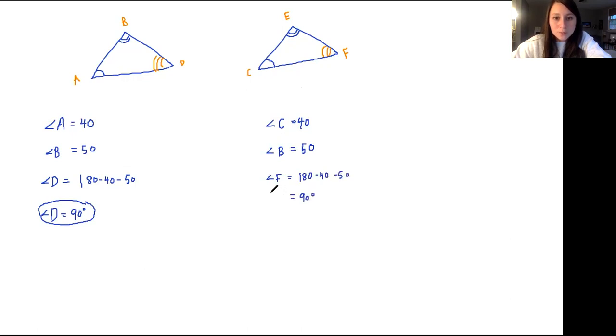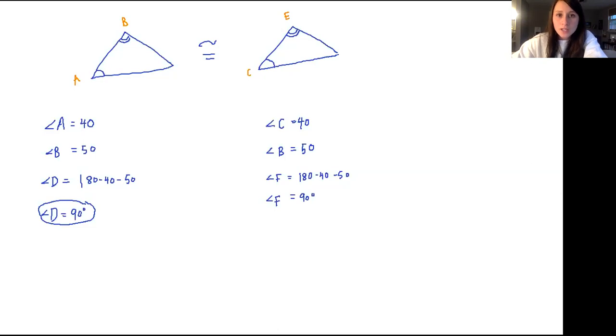So therefore, if we only know two angles are the same, we can also conclude that the third angle will also be congruent. And if the third angle is congruent, then we can say that all the angles are congruent to each other.